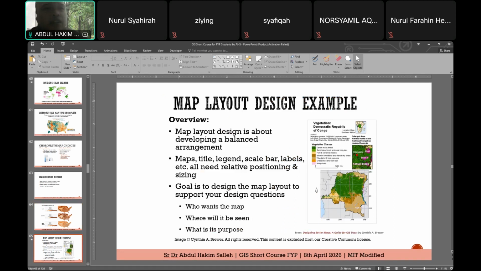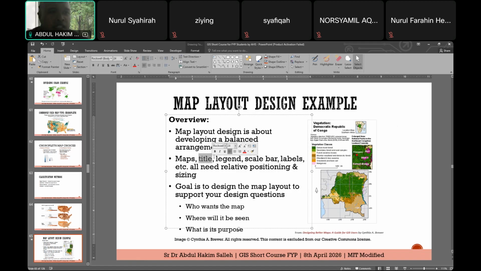Next is the mapping layout design. So there are actually rules for this, but basically you need to have a title, legend, scale bar, labels. These are the most common. What is the title?